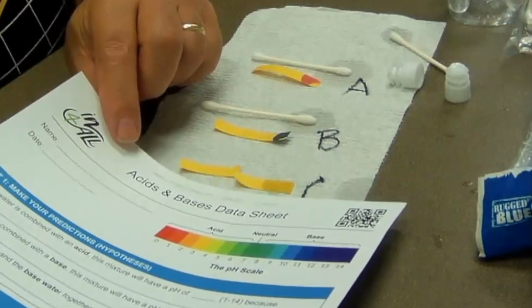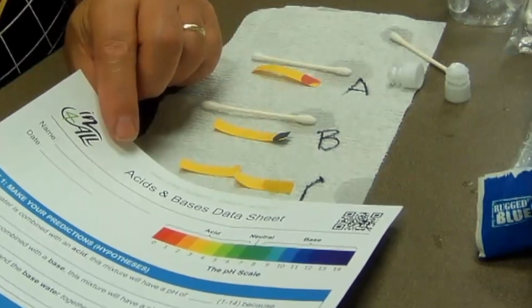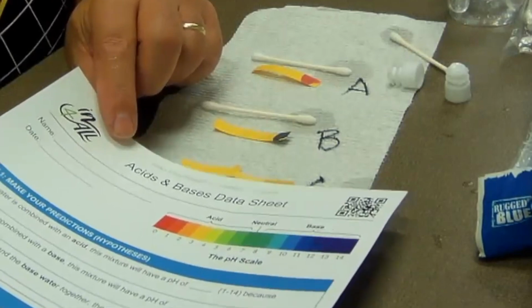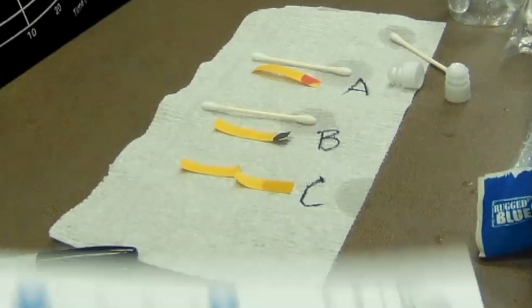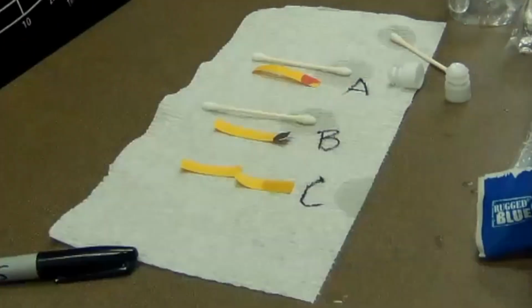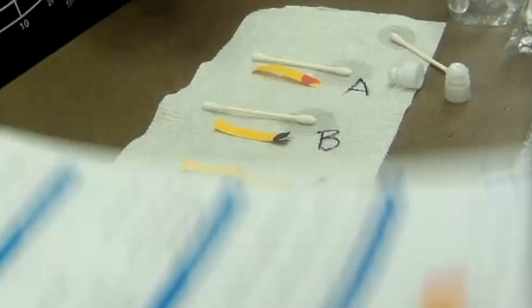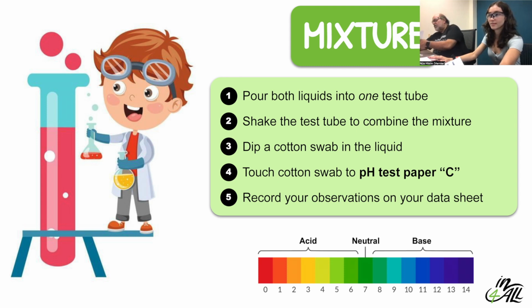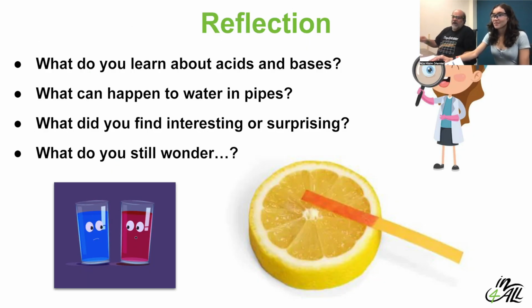This will be a challenge maybe for some kids to try to decide, did it change color at all? So then the thing to do is to look on there and decide what happened. How close? But that's coming up. What you want to do then for the combination is to record what you saw.